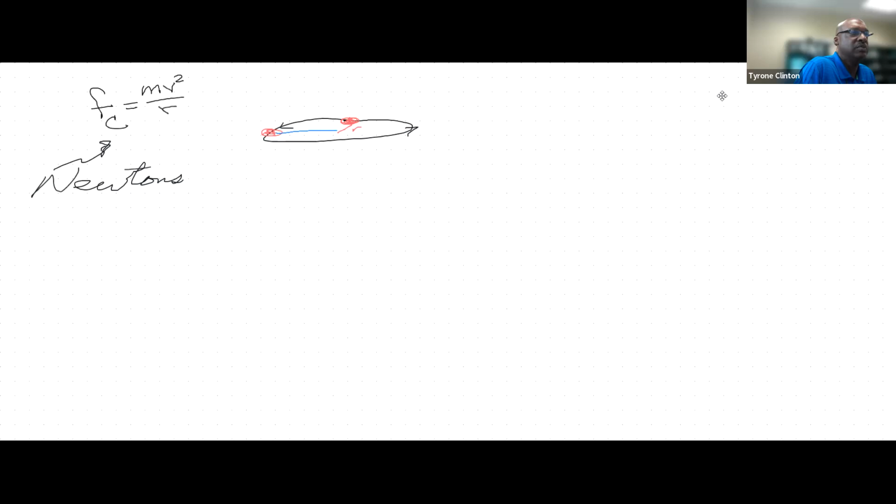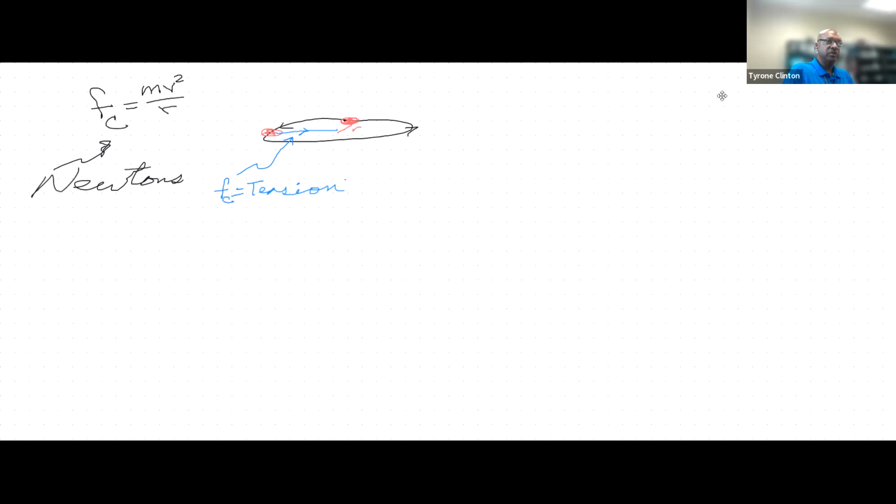In this case, it's going to be that cable or that rope, and that force is specifically called the tension in this case. I wouldn't use T for this experiment because we've already allocated T for period. You could use something other than T.